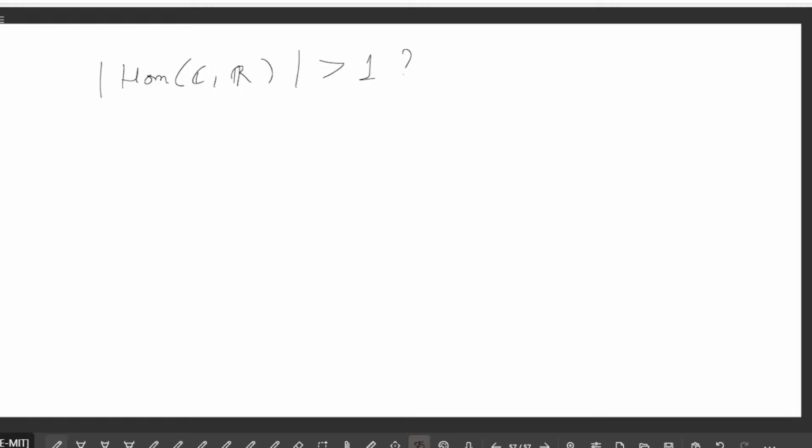For example, the mapping that maps z to its real part is a group homomorphism from C to R, because the only thing we need to preserve is addition. The real part of z1 plus z2 is the real part of z1 plus the real part of z2. Yes.